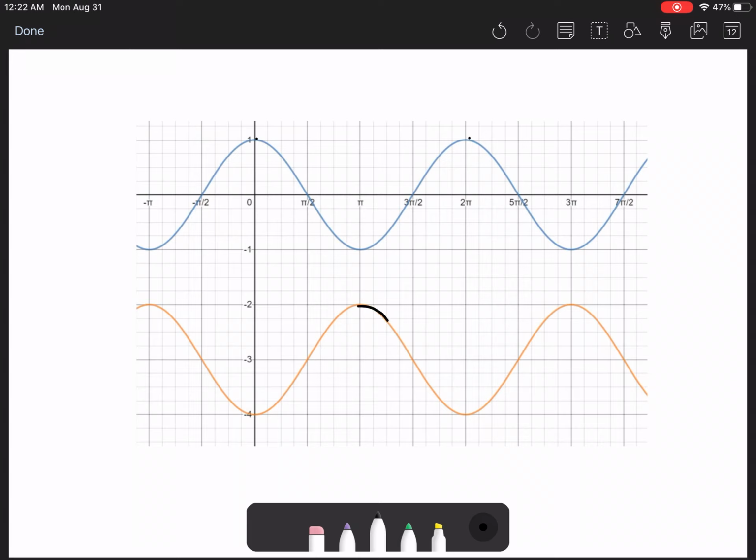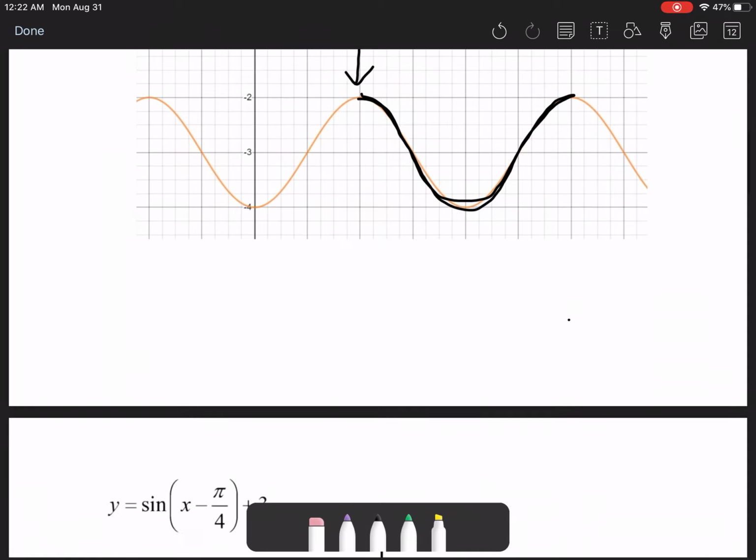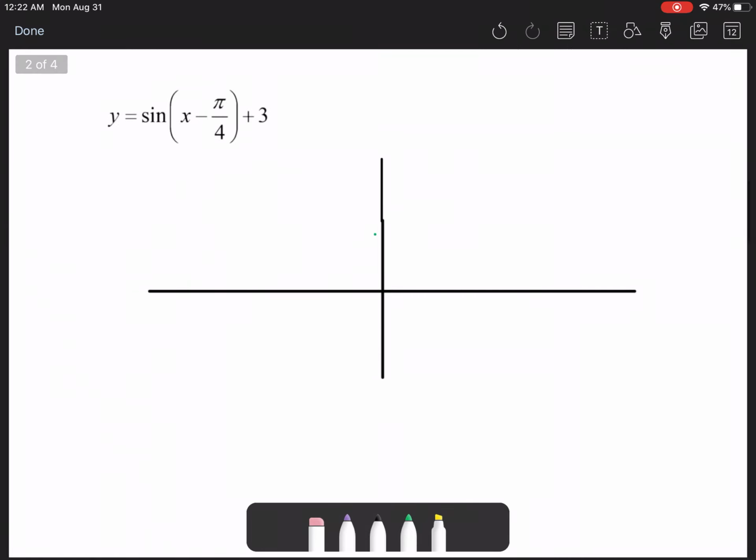Well, here is a normal cosine curve. And so if we look at this, not only has this cosine curve shifted to the right, this point went over here to the right, but also it then shifted down. Okay? So this is what we're going to be looking at today. And then we're going to put it all together.